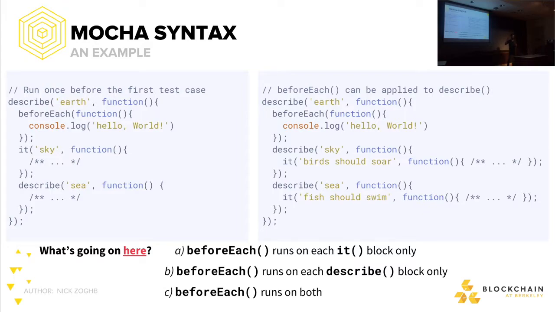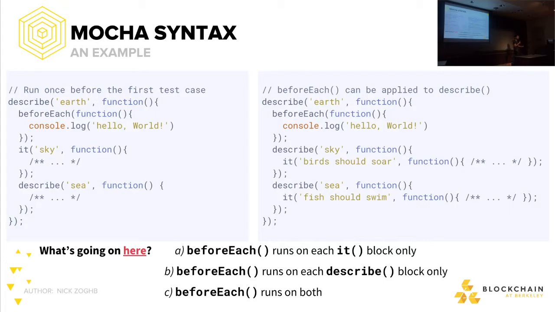Do the choices make sense? So it could run before each it, ignoring the describes. It could run before each describe, ignoring all the its. So if there are multiple its nested within a describe, it just runs once. And lastly, it can run once before a describe and once before an it as well.